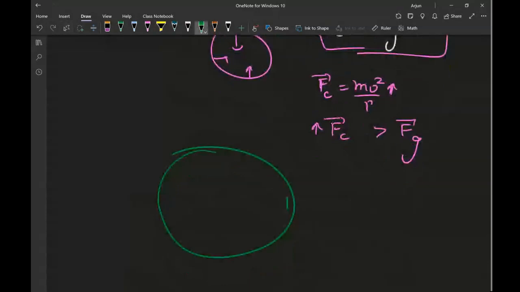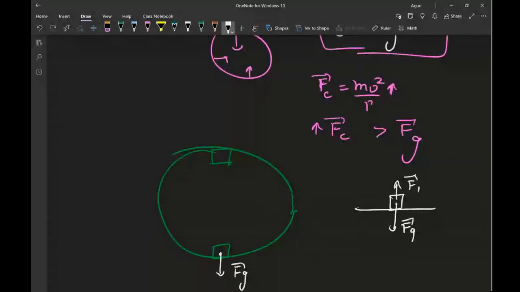In the case of a roller coaster, this is where the car will be, and then this location. These are the two locations where we will try and study the cases. Fg here is acting in the downward direction. And what are the different forces acting at this position? There is a normal force, because remember, if the object is placed on the ground, Fg is acting in the downward direction, there is always a normal force.